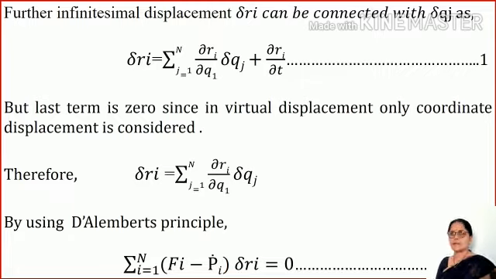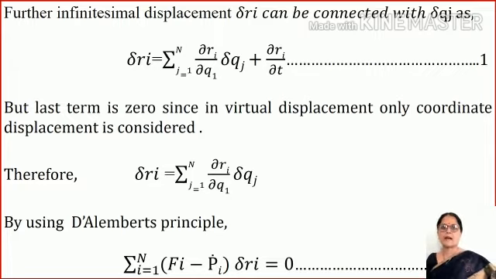But the last term is 0, since in virtual displacement only coordinate displacement is considered. Therefore, delta Ri is equal to summation of j equal to 1 to n, dRi/dQj into delta Qj.